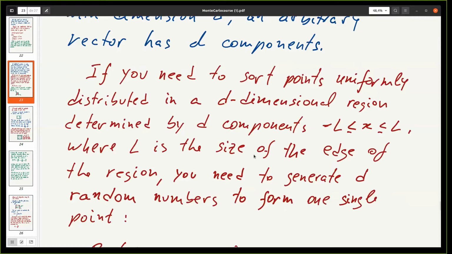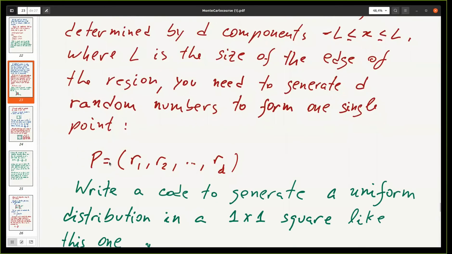And then you need to generate random numbers that are points that have the d coordinates of the points. And if they are randomly distributed in the space, you need one random number for each of the coordinates sorted in this interval.